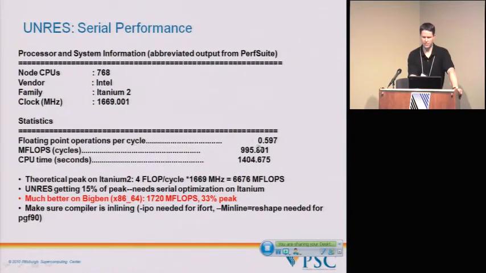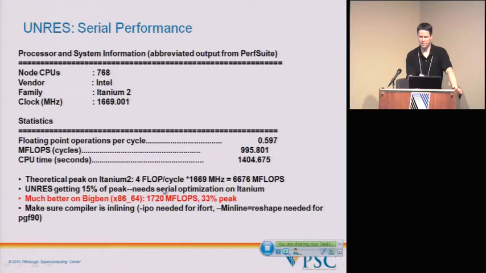It's abbreviated here, there's more than this. And then you can see how many floating point operations per cycle it did. The theoretical peak on an Itanium 2 is 4 floating point operations per cycle, and this is doing about 0.6 floating point operations per cycle. So it was getting about 15% of peak, which means it's not doing so great on Itanium.